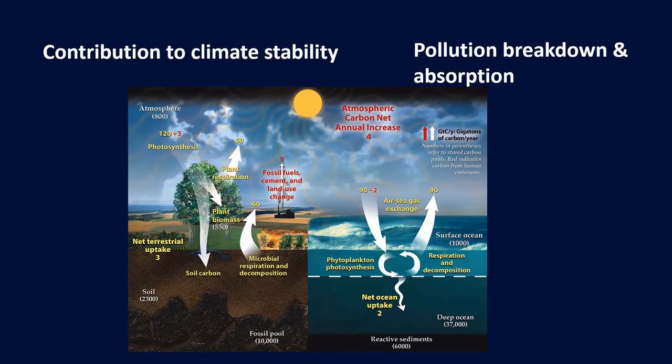Natural resources such as wetlands, trees, and soil filter many pollutants from the air. Some of these pollutants include carbon monoxide, nitrogen oxides, particulate matter, ozone, etc.